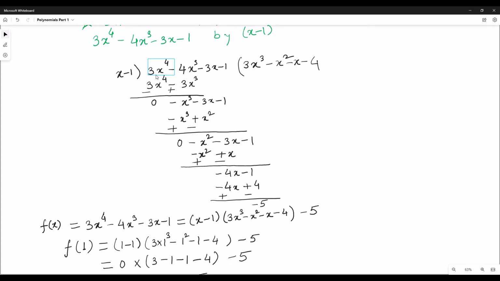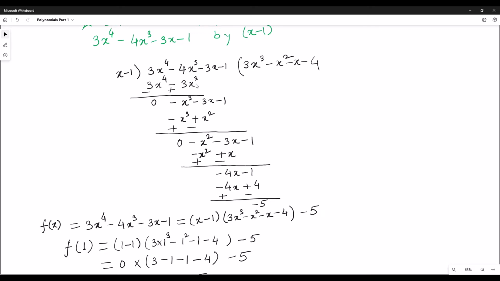So to make 3x to the power 4 zero, we have to multiply x minus 1 with 3x cube. So we have written in the quotient 3x cube, and if you multiply 3x cube with x minus 1, it becomes 3x to the power 4 minus 3x cube, right?